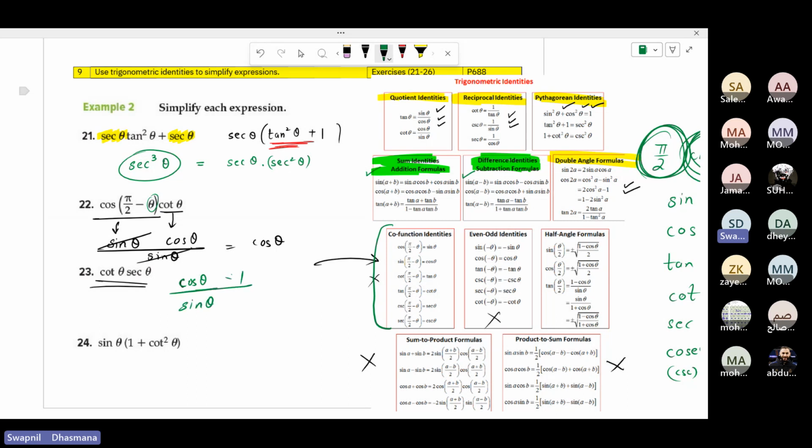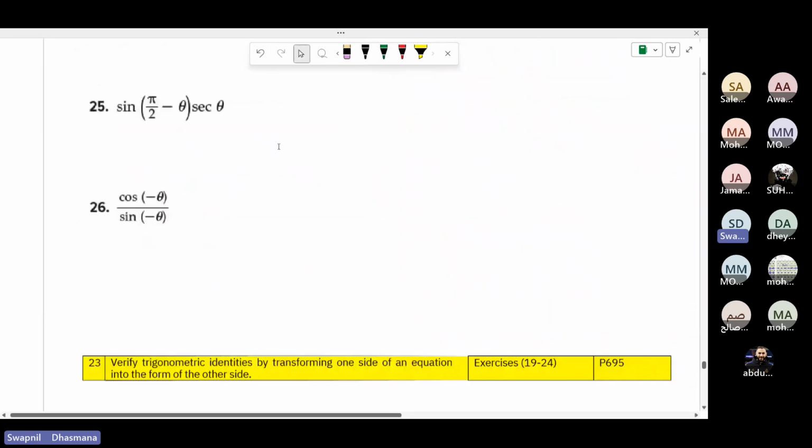Sec is one divided by cosine theta. Cosine cancels. It's one divided by sine theta, which is cosec theta.